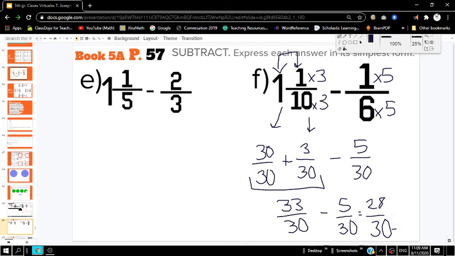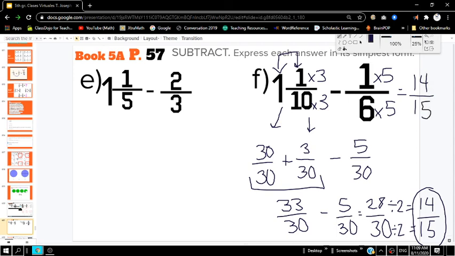Yes, 30 divided by 2 equals 15, and 28 divided by 2 equals 14. So 14/15 is my final answer. All right, so that concludes the problem F.